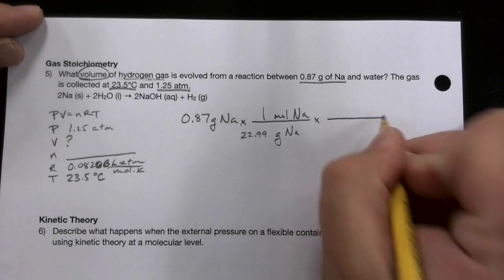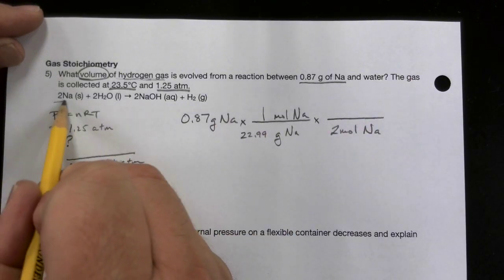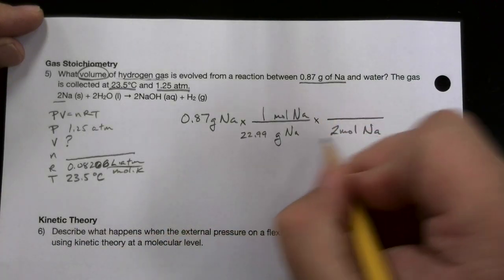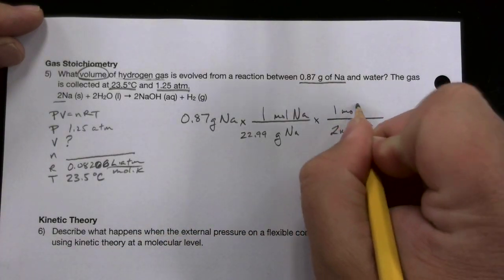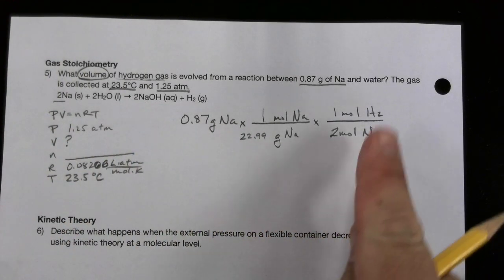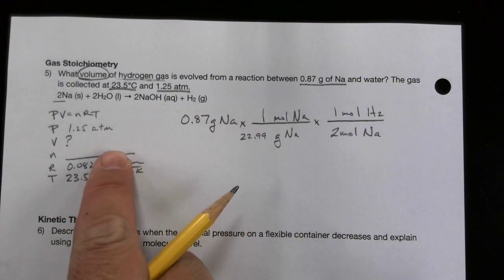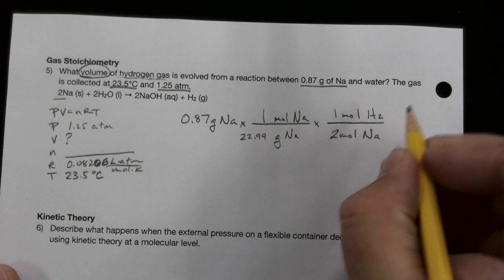And then the next step is to say, well, there are 2 moles of sodium in my chemical equation. And when I use that, I end up with 1 mole of hydrogen. Now, if I solve this, I'll find moles of hydrogen, which I can place right here. And that is going to solve to be a larger number.